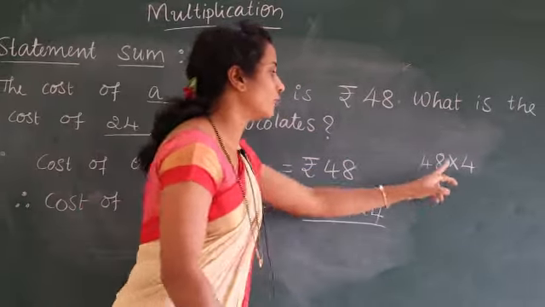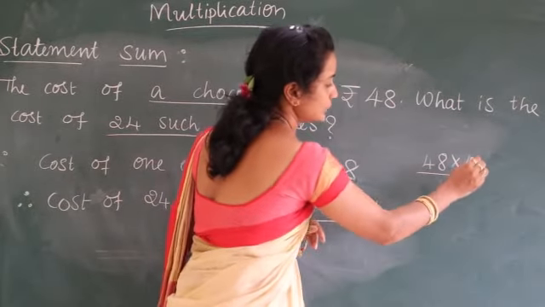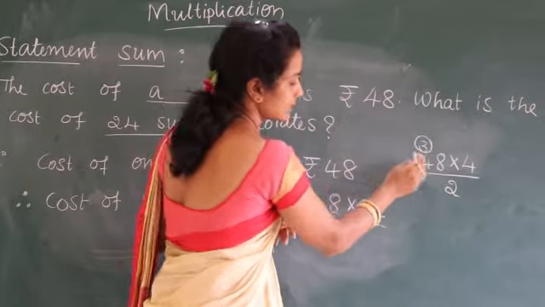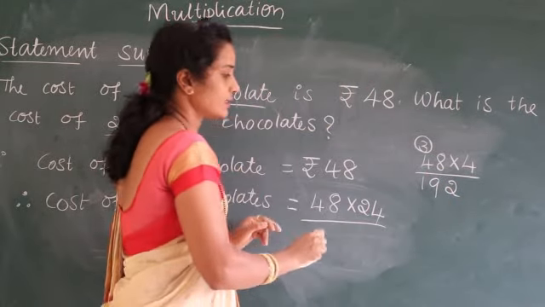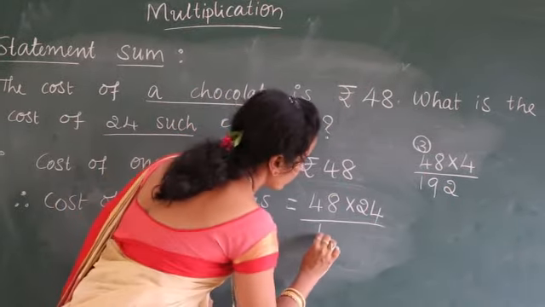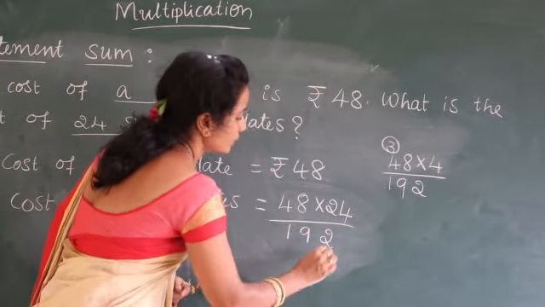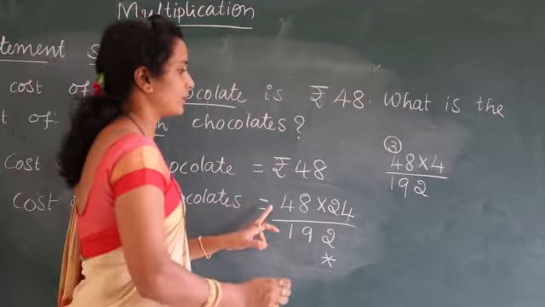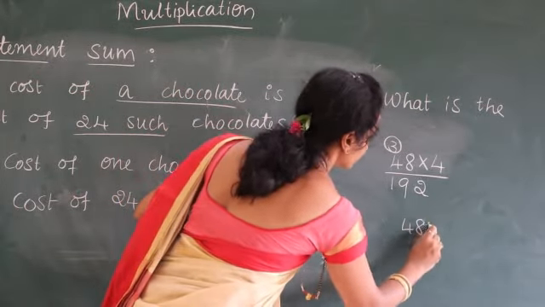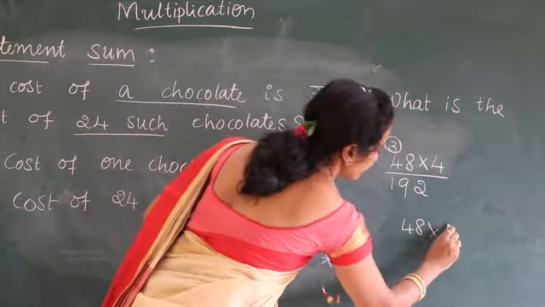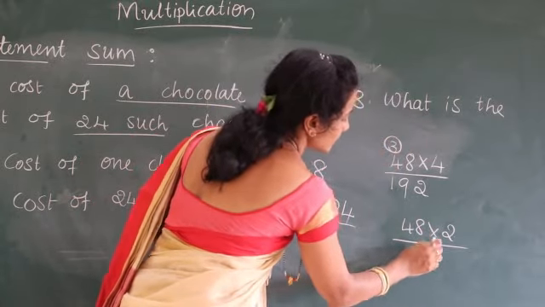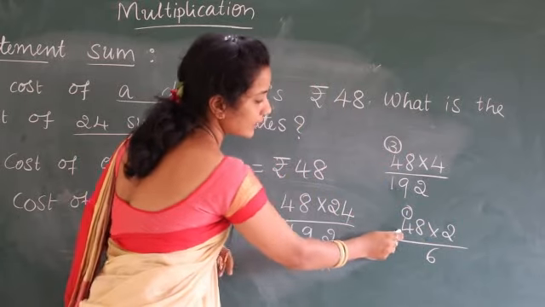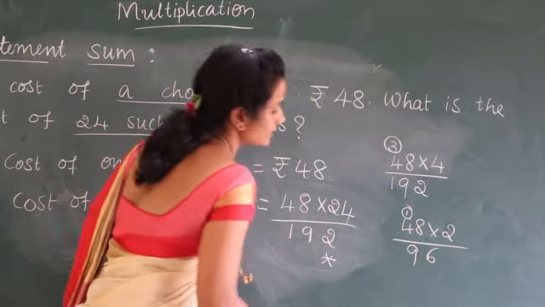Now 4 8s are 32, 4 4s are 16, 16 plus 3 carried is 19. So 192. Next, I should not write below the unit place or ones place. Now take again the multiplicand and multiply by the tens place. So 2 8s are 16, 1 carried, 2 4s are 8, 8 plus 1 is 9.